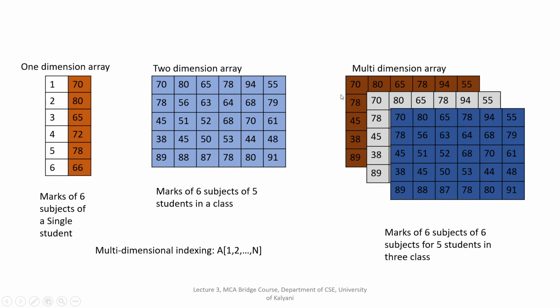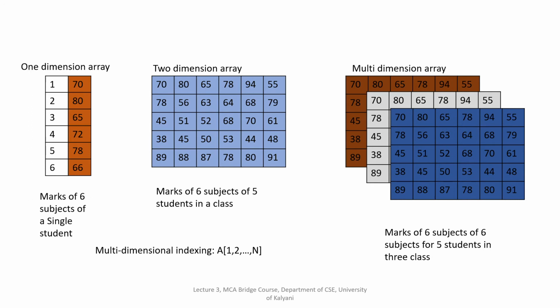For indexing, we have to use 3 indexing keys. The first indicates which of the 2-dimensional matrices we are pointing to. Second, the row and column index for that particular 2-dimensional matrix within the 3-dimensional matrix. If we want to indicate 78, suppose the brown 2-dimensional array is first, then the second, and the blue 2-dimensional array is the third array.